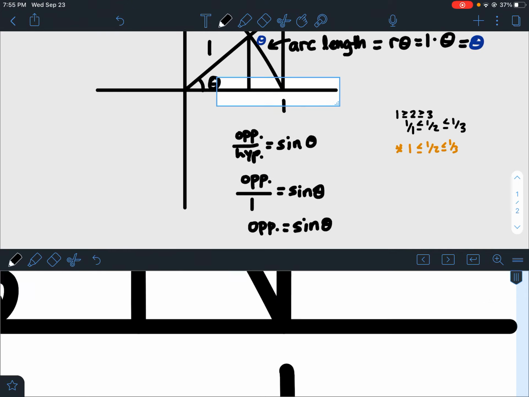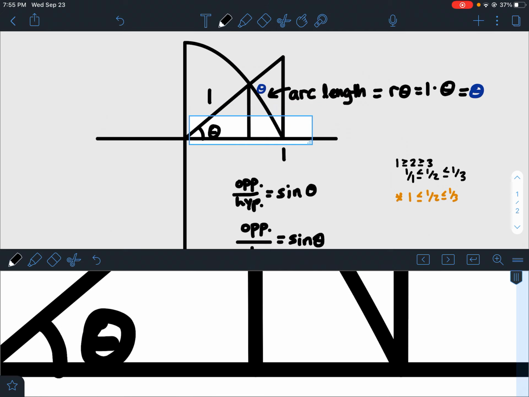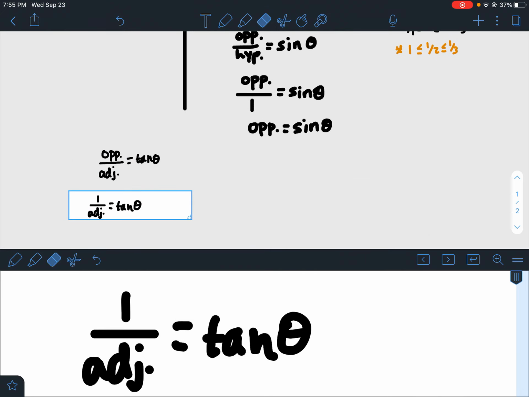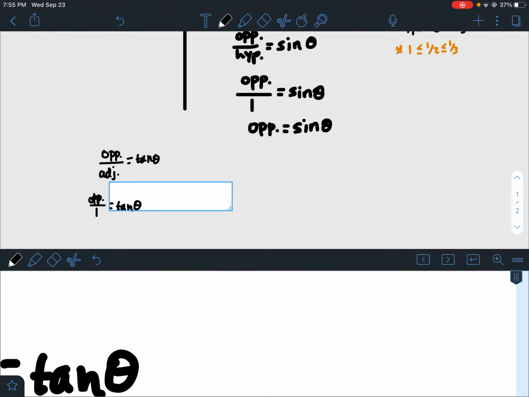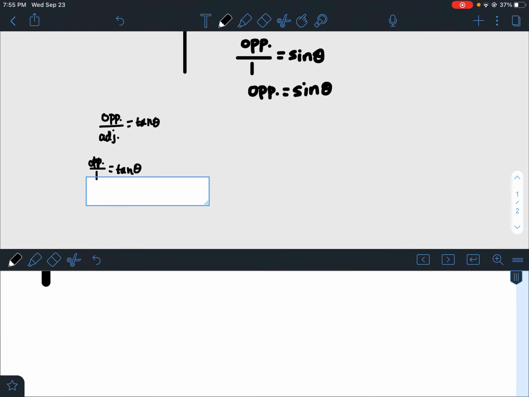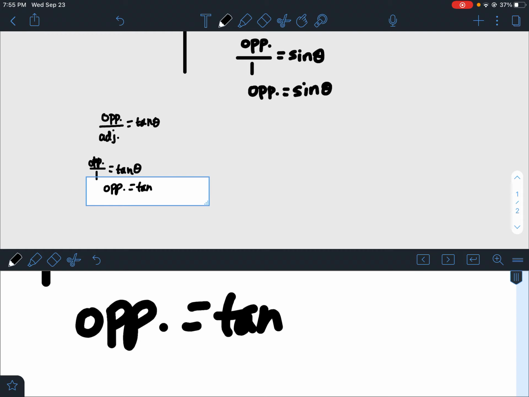Is that right? No, it's opposite over adjacent, which is 1. So opposite. And we know opposite is equal to tangent of theta.